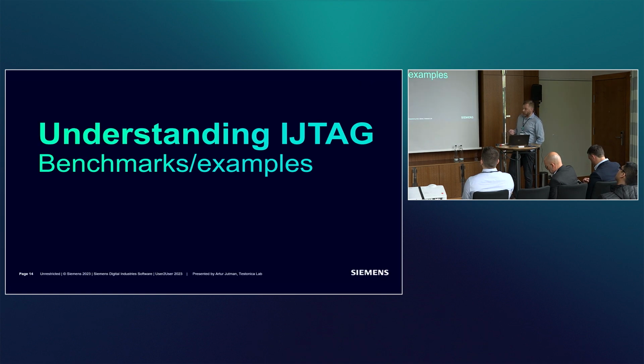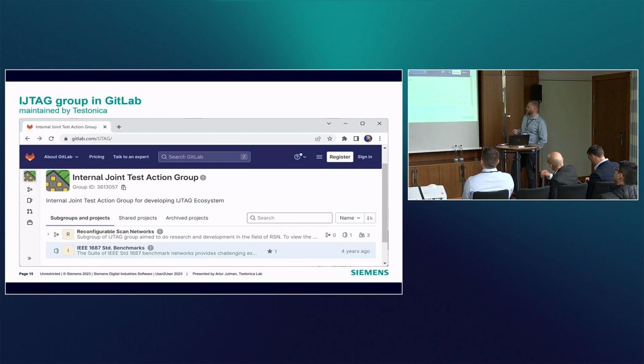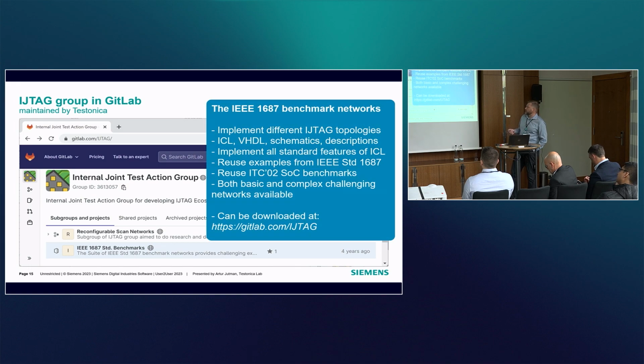Right, so let's have an insight into different flavors of IJTAG by looking into the set of benchmarks that implement different topologies of reconfigurable scan networks. You can visit this address at GitLab, GitLab/IJTAG.